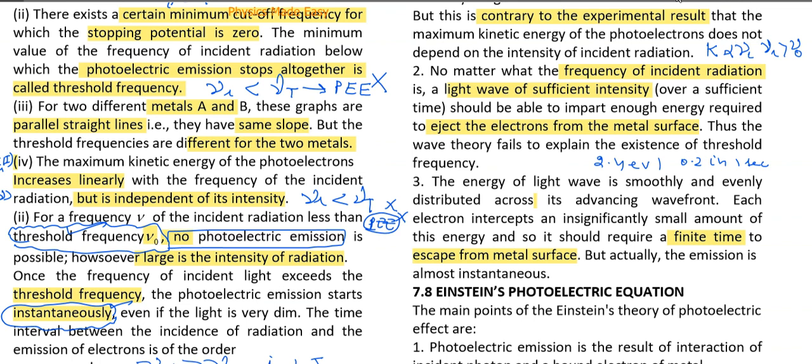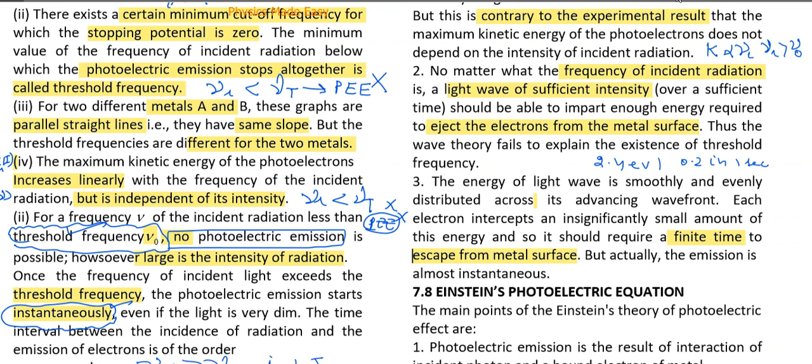What does classical theory say? Classical theory says that in 1 second it will take 0.2 electron volt, in 2 seconds 0.4, in 5 seconds 1 electron volt, in 10 seconds it will get 2 electron volts, and in 12 seconds it will get 2.4 electron volt and it will get emitted.